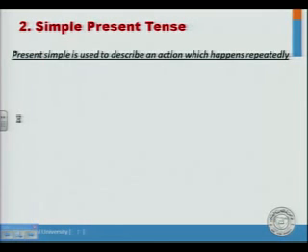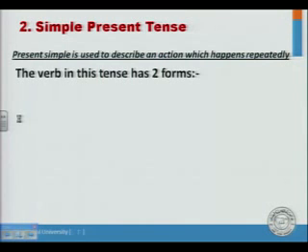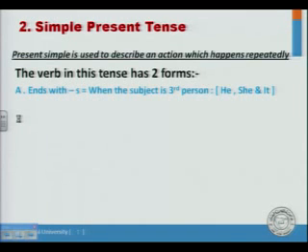Let's move here to know the form, the shape, the structure of the verb in simple present tense. Just two forms: either the verb followed by s or without s. It means the infinitive verb without s, the first form of the verb.